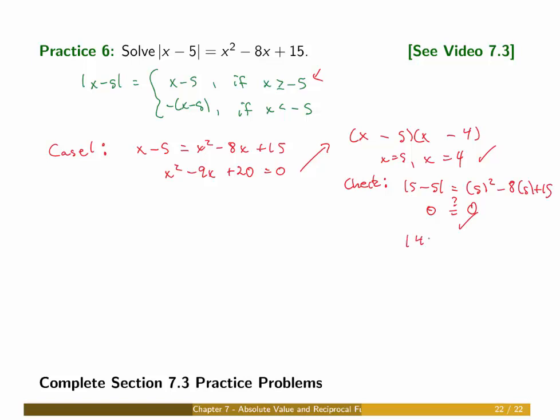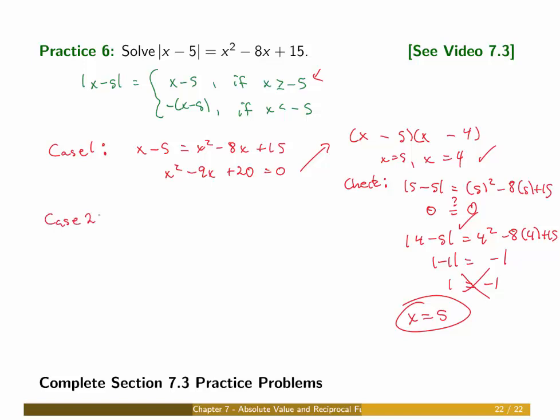Checking the next solution, we have the absolute value of 4 minus 5 equals 4 squared minus 8 times 4 plus 15. So the left side is the absolute value of negative 1, which is 1, and 16 minus 32 plus 15 comes out to be negative 1. However, this is 1 equals negative 1, which doesn't work. So therefore, the only solution here is x equals 5. So x equals 4 is not a solution.